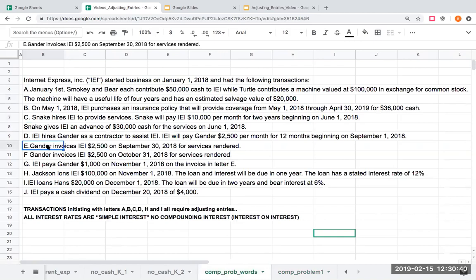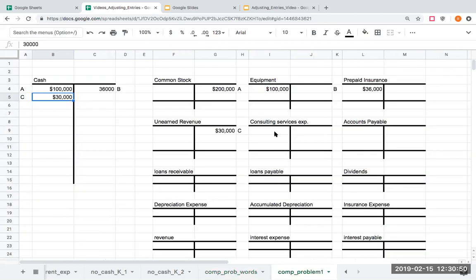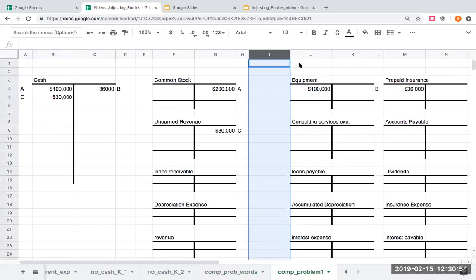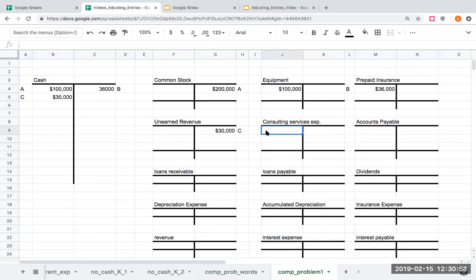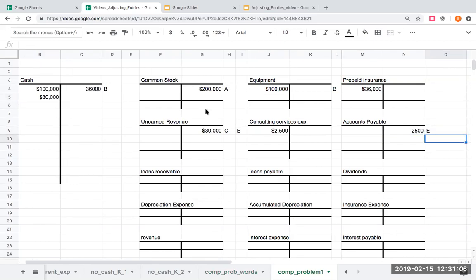The first one here is on September 30th, I receive an invoice from Gander. Now that I've received an invoice and Gander has performed those services for us, I'm going to be debiting consulting services expense for $2,500, and I'm going to credit accounts payable for $2,500.